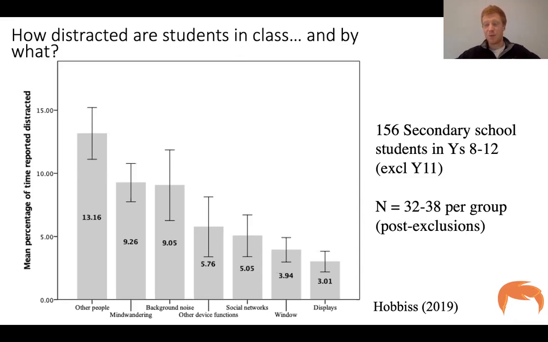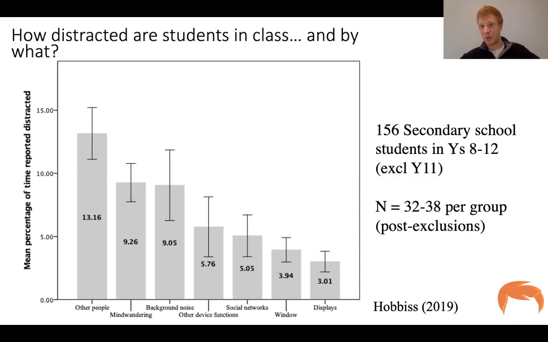Firstly, from the obvious idea that students feel that they are distracted a lot of the time. And whether or not the numbers are exactly correct, I think it seems very obvious that they are distracted a lot of the time. And not only are they distracted a lot, but they're distracted by a wide range of different sources.